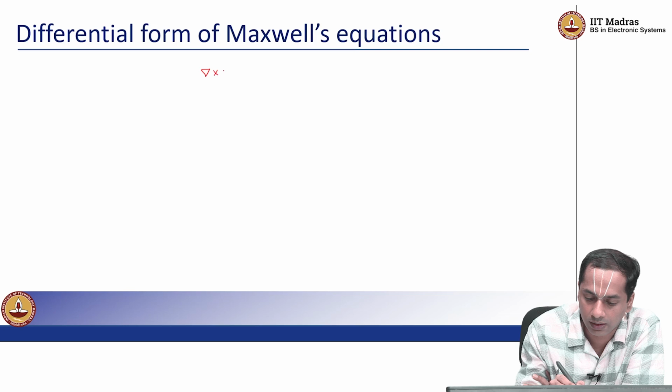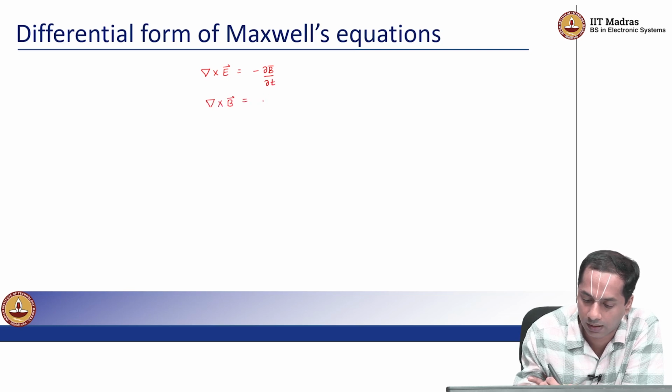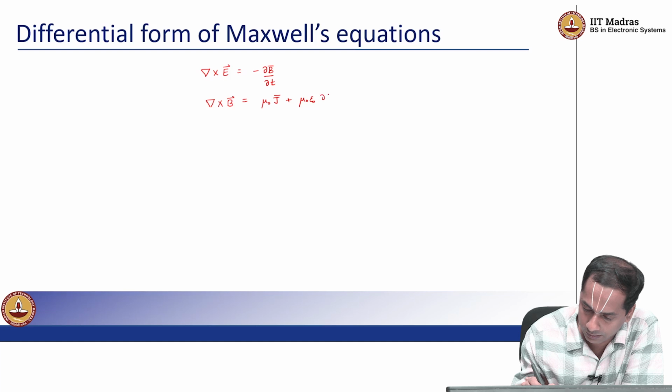So, we started with curl of E is minus dou B by dou t, and then by association we said that curl of B is mu 0 J plus mu 0 epsilon 0 dou E by dou t.